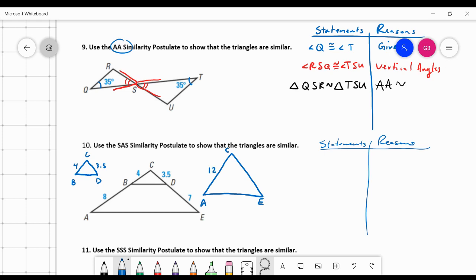And CE is 3.5 plus 7, which is 10.5. Okay, so first, we could see that both triangles have angle C. So angle C is congruent to angle C. That's the reflexive property.